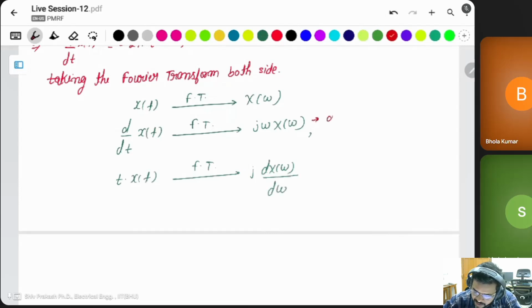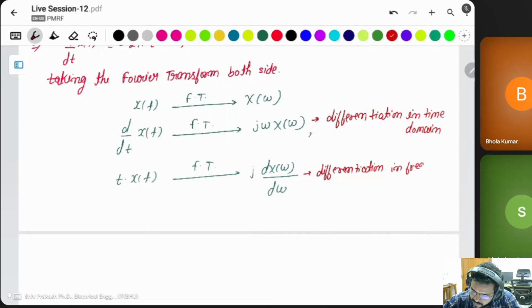This is the differentiation property in frequency domain.